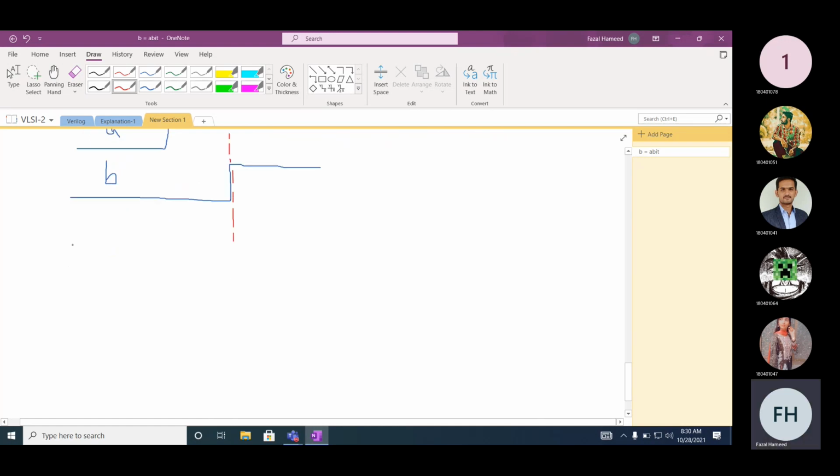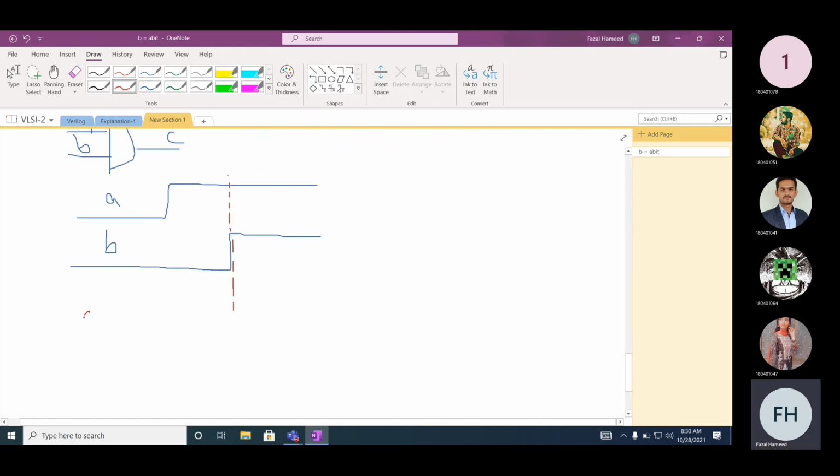Ideally, if you see the ideal output, the ideal output will change at this point instant.